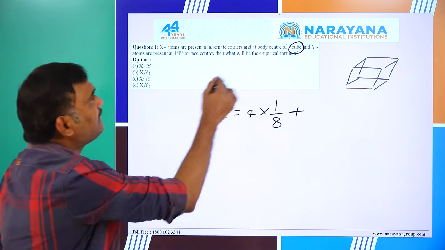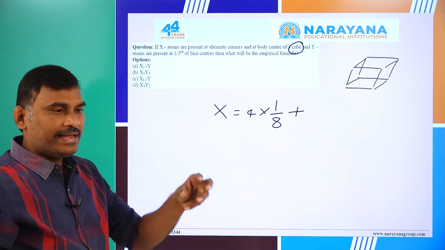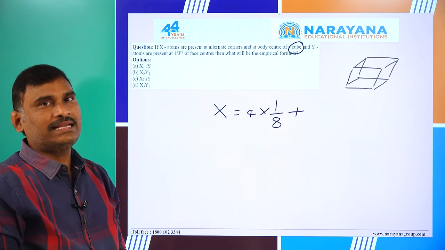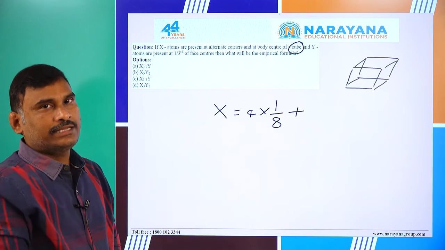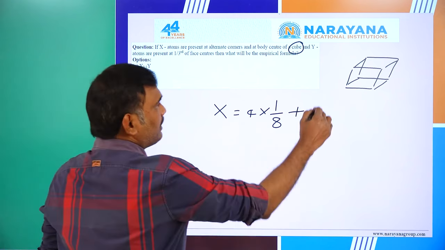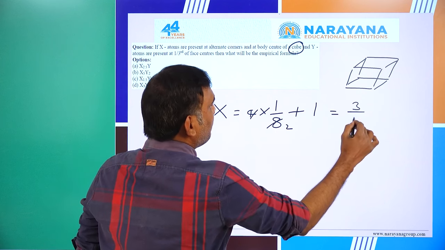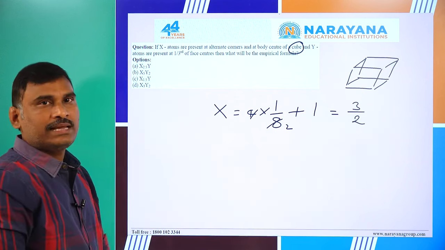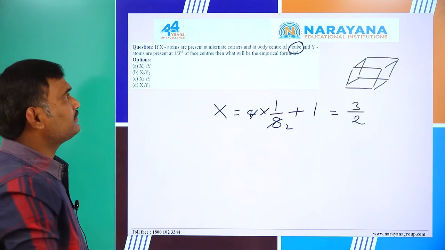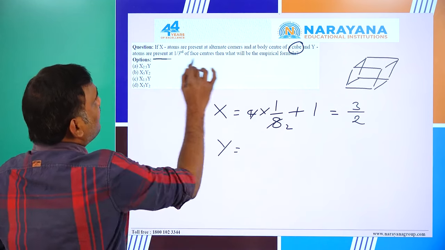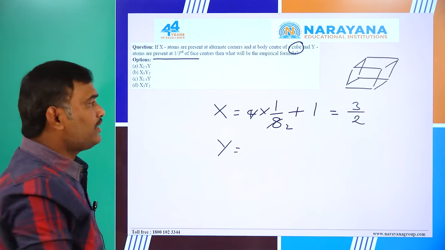Plus, whenever an atom, ion or molecule is present at the body center, it wholly belongs to that unit cell itself. That is why it should be 3 by 2, the number of effective X atoms. And what about the Y atoms present at 1/3 of the face centers?